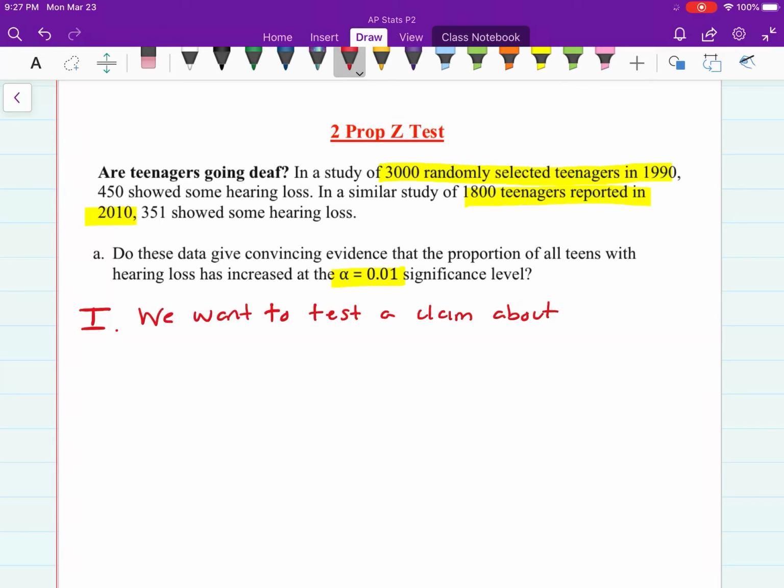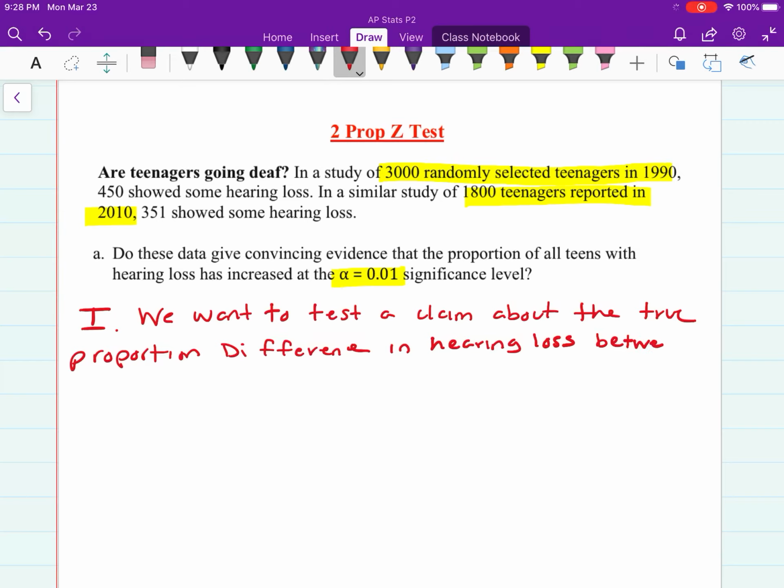And since this is a proportions question, and it's talking about the difference between two proportions of teenagers that have shown hearing loss, we want to test a claim about the true proportion difference in hearing loss between, and let's just add some context, teenagers.